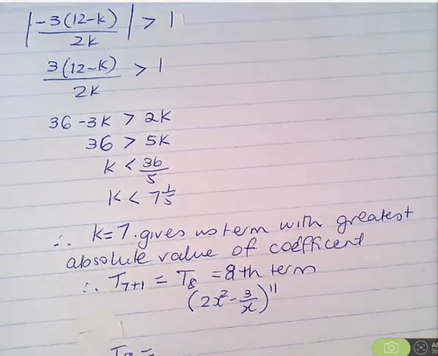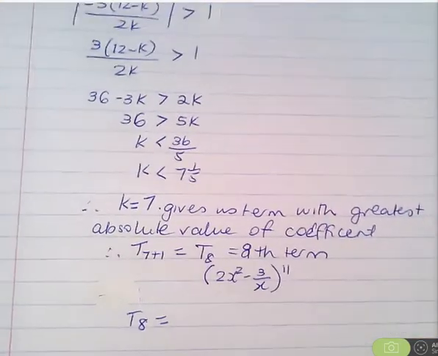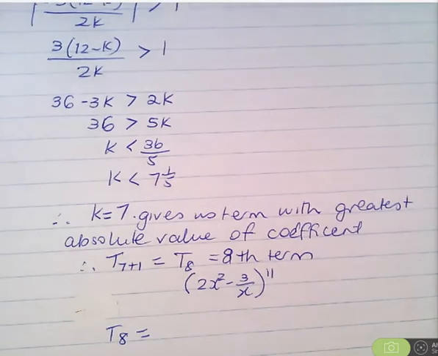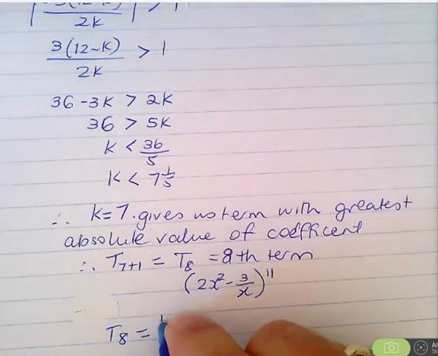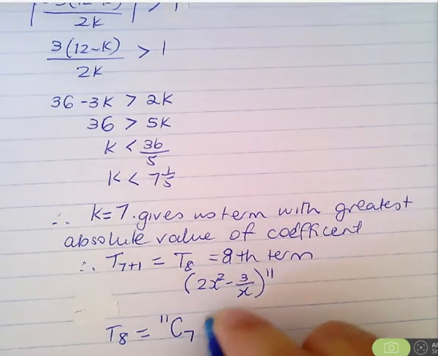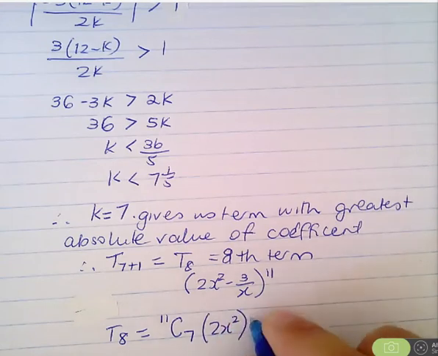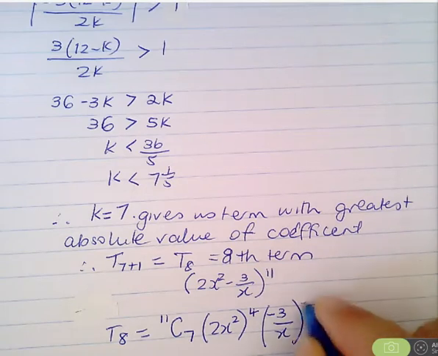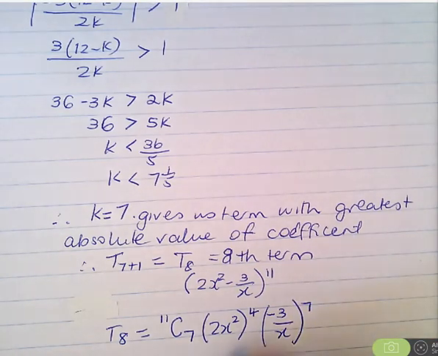which occurs when k is 7, is going to be 11c7 times 2x squared to the 11 minus 7, which is 4, times minus 3 over x to the power of 7. So it's 11c7.